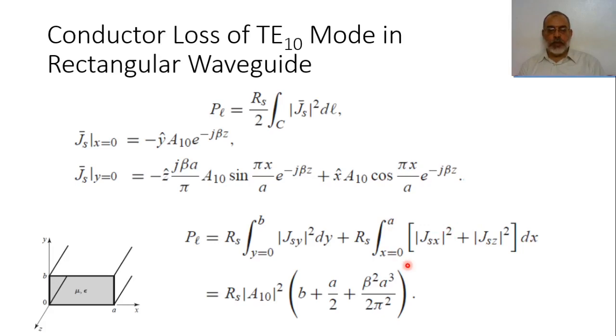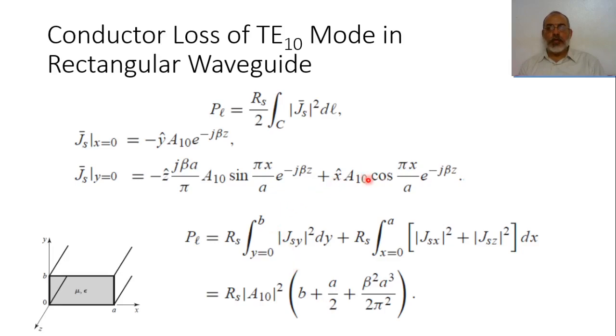So, in this case, the second integration would be R surface multiplied by A10 squared. Here we have a over 2 only, without multiplying b; this corresponds to this term.